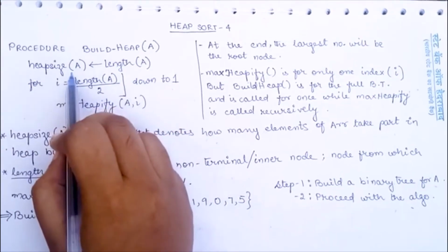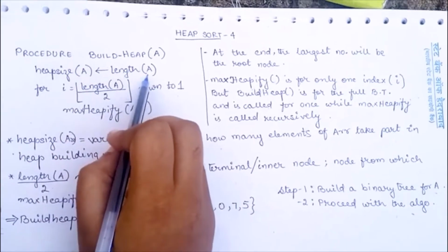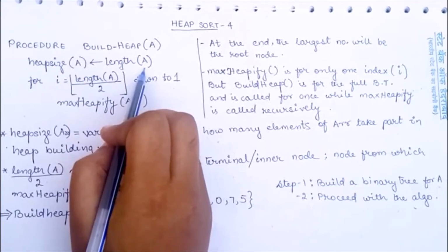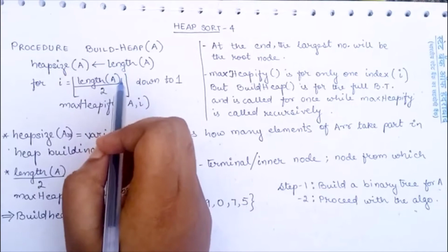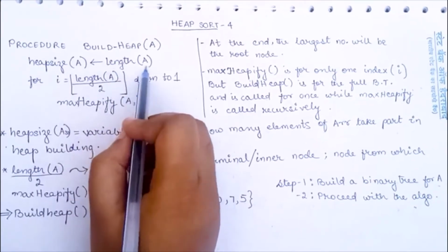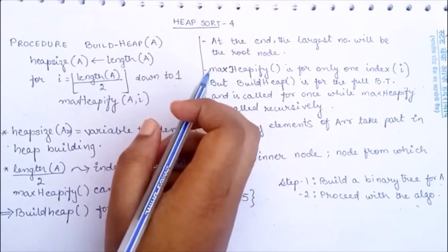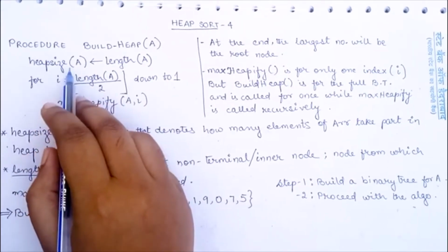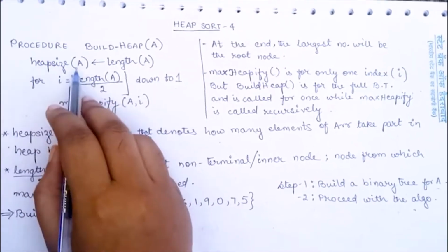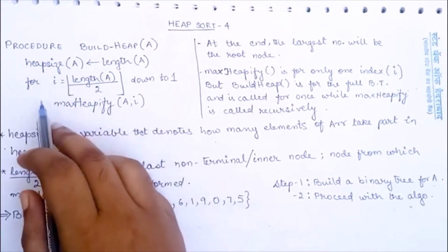It is the length of the array, because we are doing this for the first time. At the starting of the algorithm, whatever the length of the array, be it 7 or 8, all the elements will take part in the heap formation.